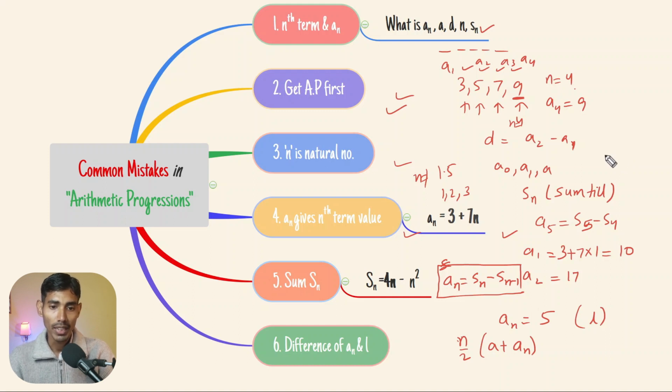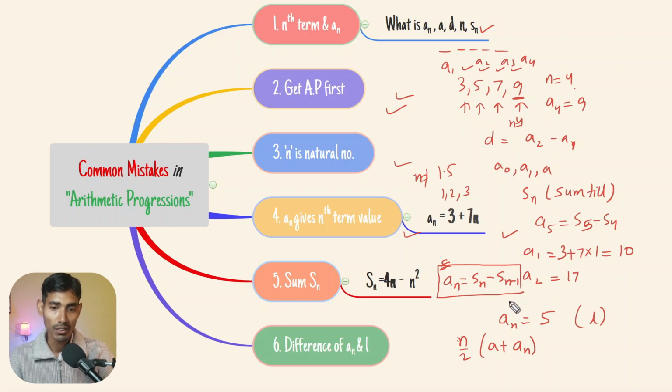Fourth one is An gives the nth term value. N is the position of the prize, like first prize, second prize, third prize, or 10th prize in that case, and An would give the value of what is sitting on the 10th position. Fifth one is the sum Sn. If you are given a formula, just put in the n values and remember this important formula: An is equal to Sn minus Sn minus 1.